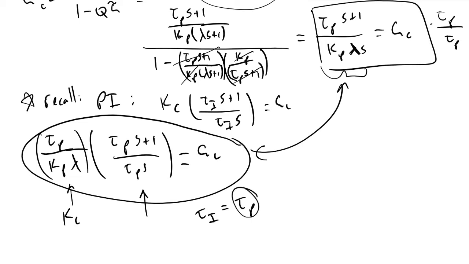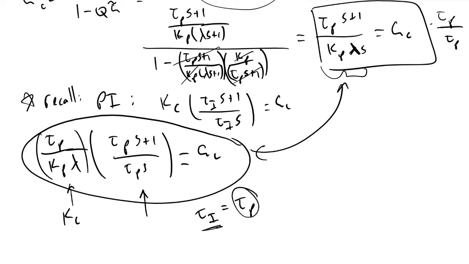The process time constant, just to give a little bit of background, is a physical law of your system. You don't have any control over it. We do pick what our integral time constant is, but the IMC model tells us to just let it be equal to what our process time constant is, and that's one less tuning parameter that we have to worry about as a process control engineer, and that's why we like IMC based methods.